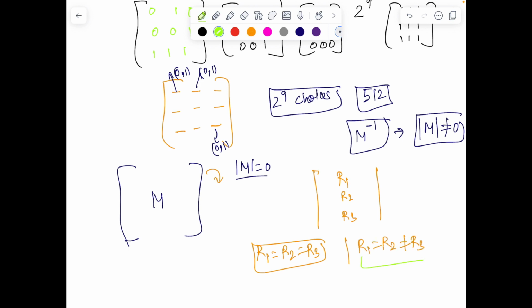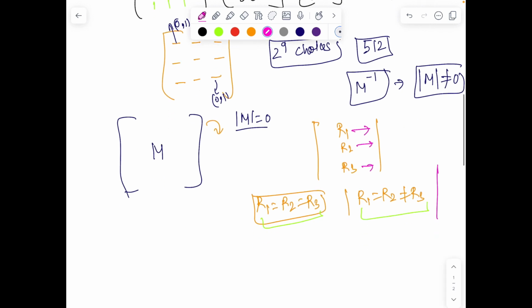Or is there any other case where still the parallelepiped spanned by these 3 vectors represented by rows will give a 0 volume? Yes, it's possible if one vector is some linear combination of the other two. So maybe R1 is R2 plus lambda times R3. Under this configuration, definitely the determinant of M will be 0.